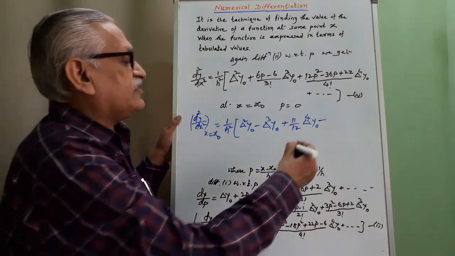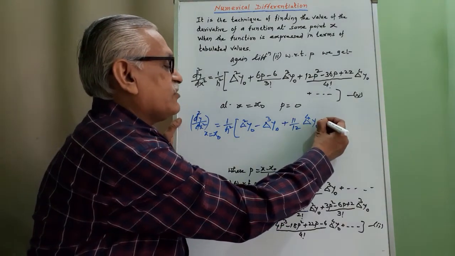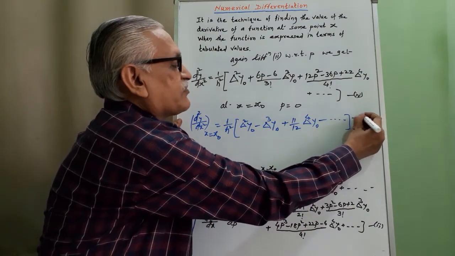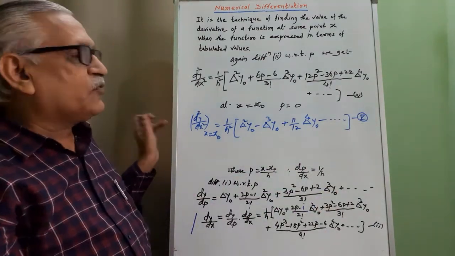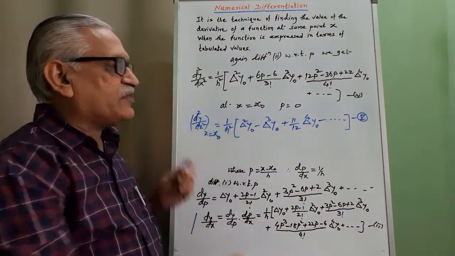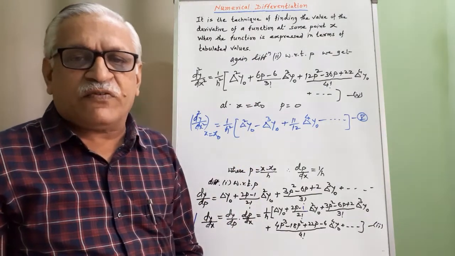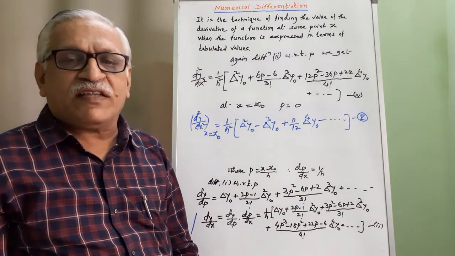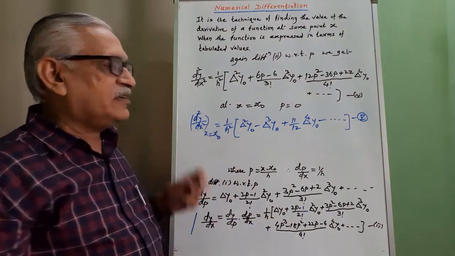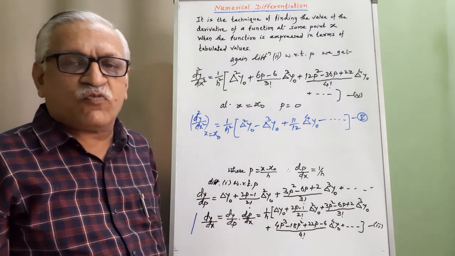We keep this up to this only, and so on. We call this equation number 5. Therefore, remember these two results, equation 4 and equation 5, to find out the second order derivative when that point lies at the top of the table, obtained by Newton's forward interpolation formula.